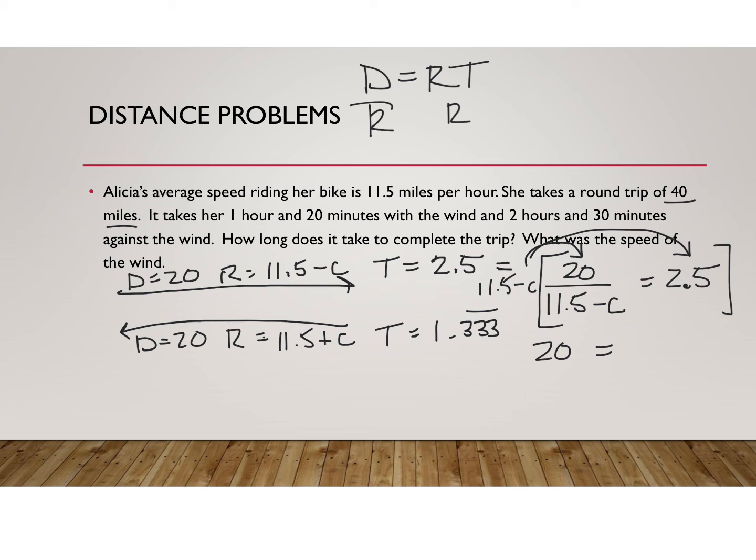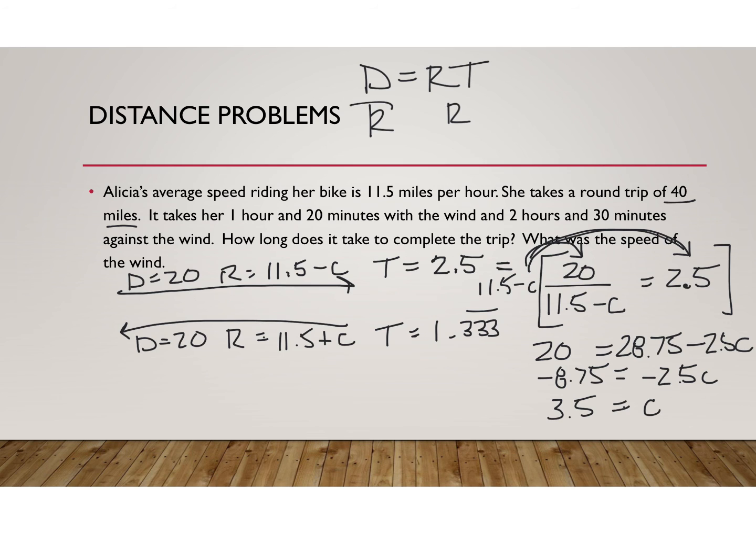I'd have 11.5 times 2.5, which is 28.75, and then minus c times 2.5 would be negative 2.5c. I could subtract 28.75, so I'd have negative 8.75. Do my division, and I would get c to be 3.5.